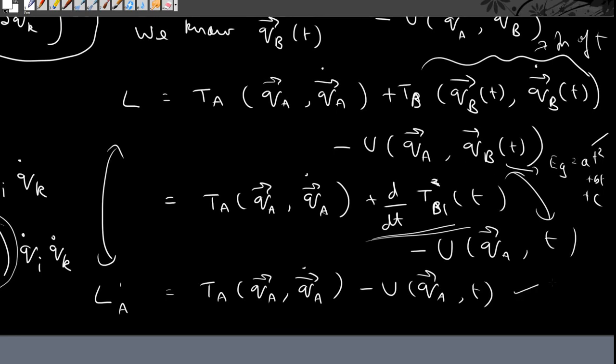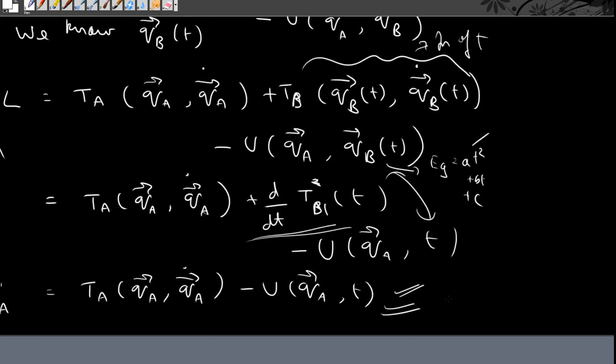And by doing this, we have basically written the Lagrangian as a function of QA, QA dot and t, which is nothing but the Lagrangian for the system A. Okay, so there is no information about B at all in this particular form of the Lagrangian.